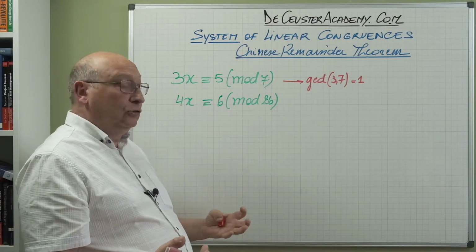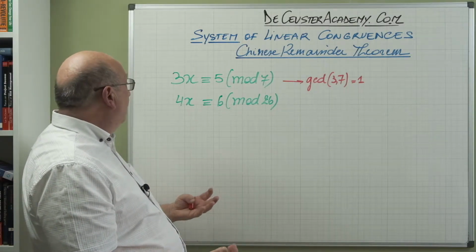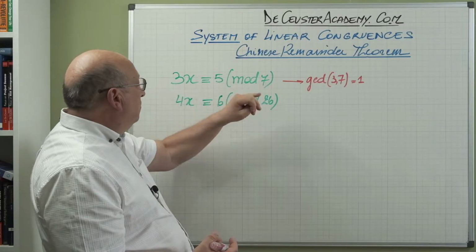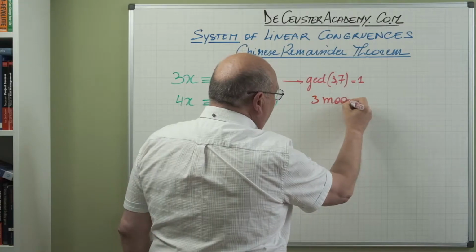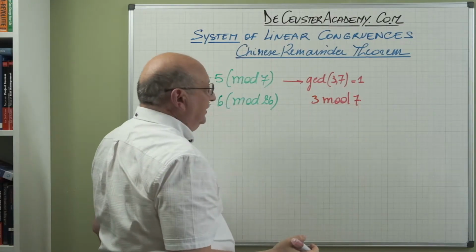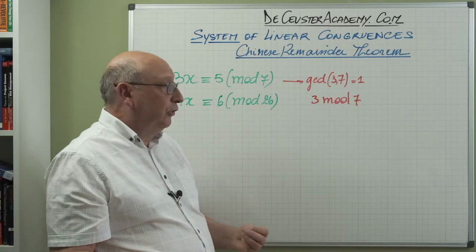And what we can do now is to find the modular inverse of 3 modulus 7.